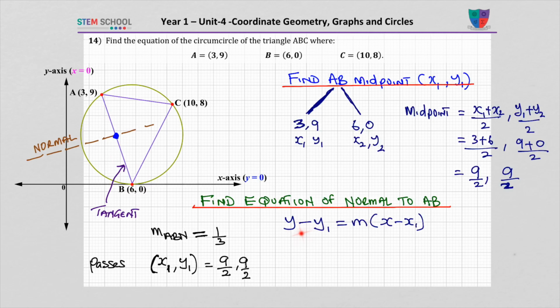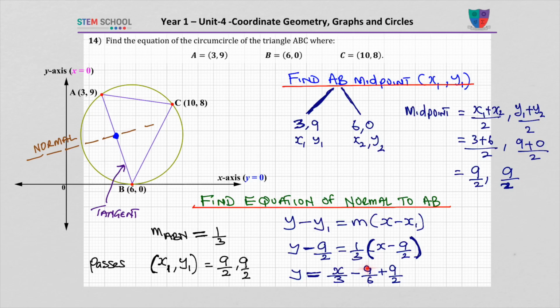If we use this general formula, which is y minus y1 equals m, which is MABN, times x minus x1, we can then find y, the new equation of the normal. And that equals x over 3 minus, because 1 over 3 times x is x over 3, minus 1 over 3 times minus 9 over 2 is minus 9 over 6, plus 9 over 2 because I added 9 over 2 to both sides.